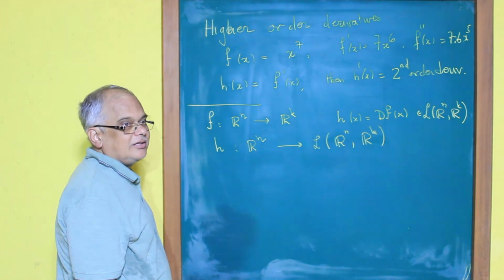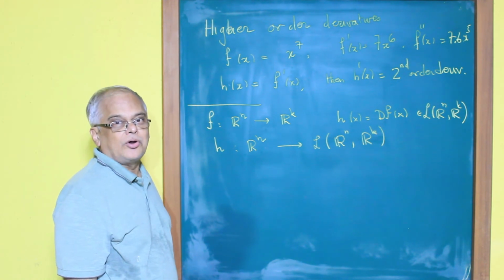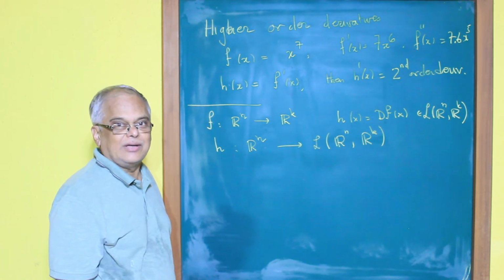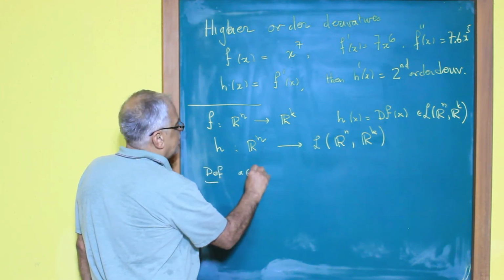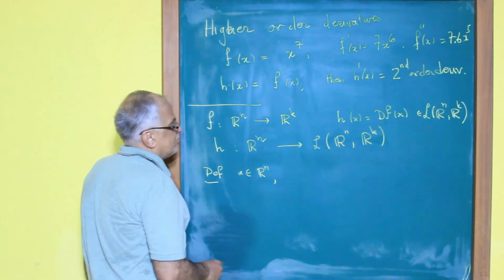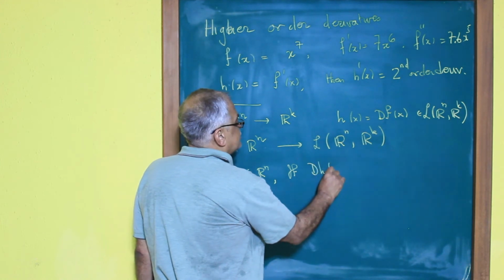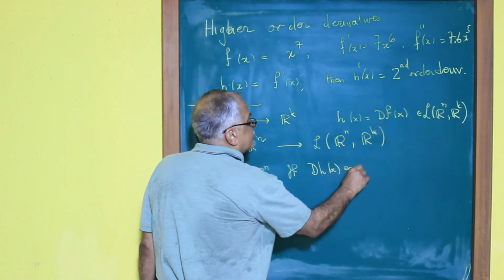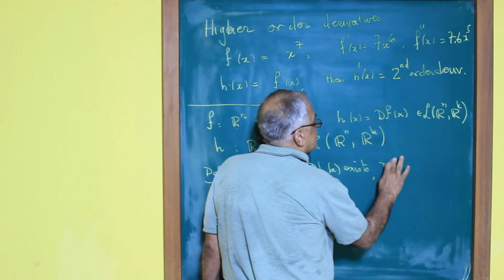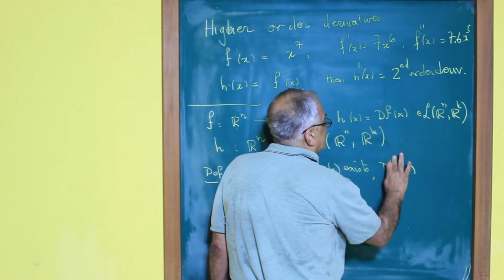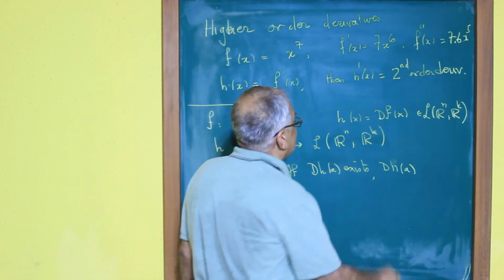If the derivative of h exists at a point, it is called the second derivative of f at that point. So, definition: a in Rn, and if the derivative of h at a exists, I should be more careful here, so let me be slightly more careful.